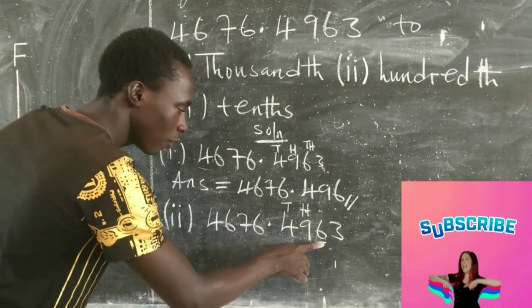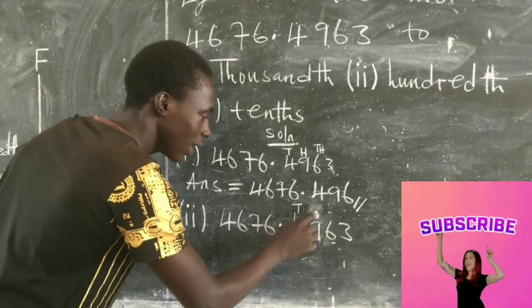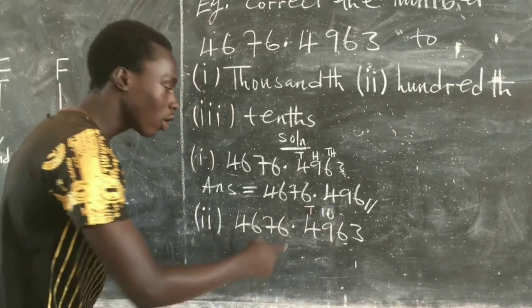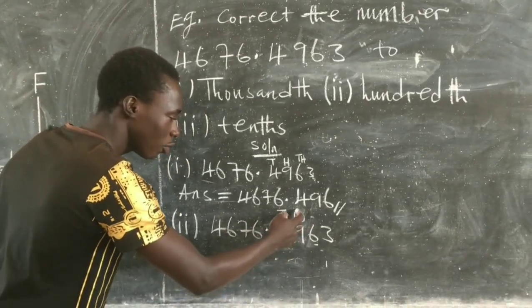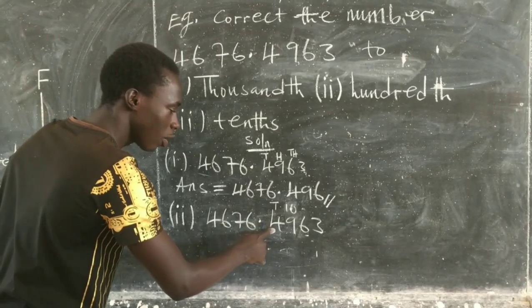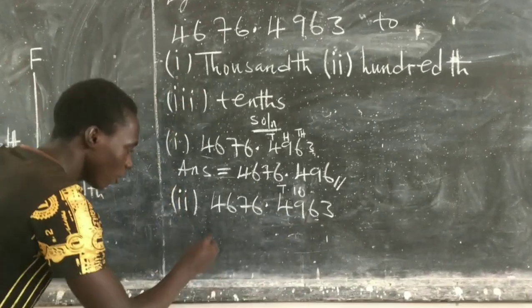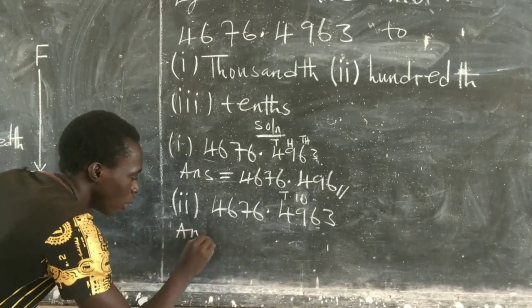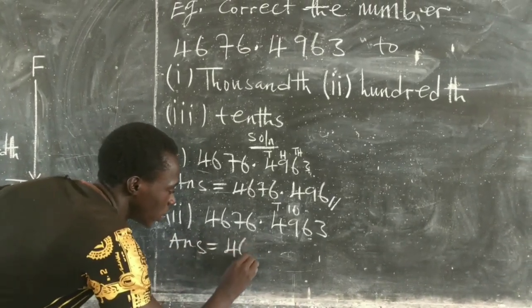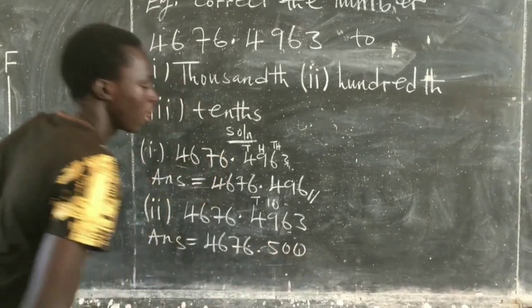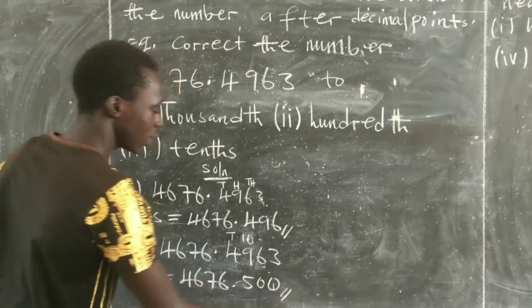When you add 1 to this, this will become 10. Then you cannot write the whole of this figure. Therefore, you have to take 1 and add it to this 4. This will become 5 and this will become 0. This also will become 0. So the final answer for this one will become 4676.500. This is in the 100th digit.